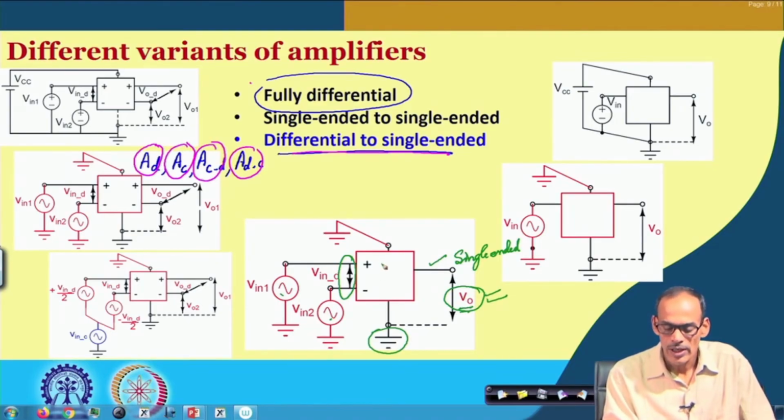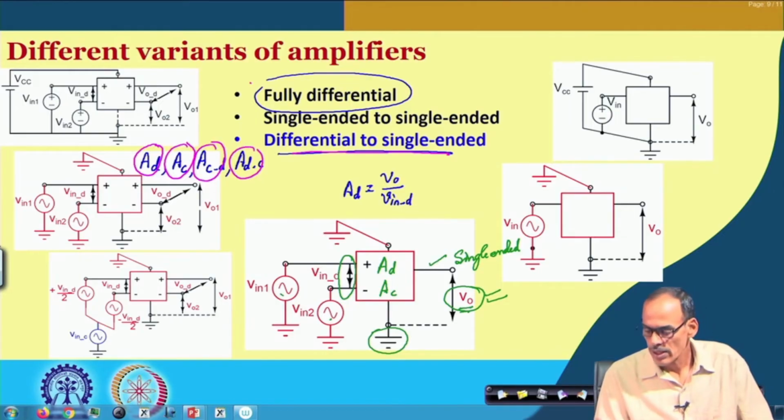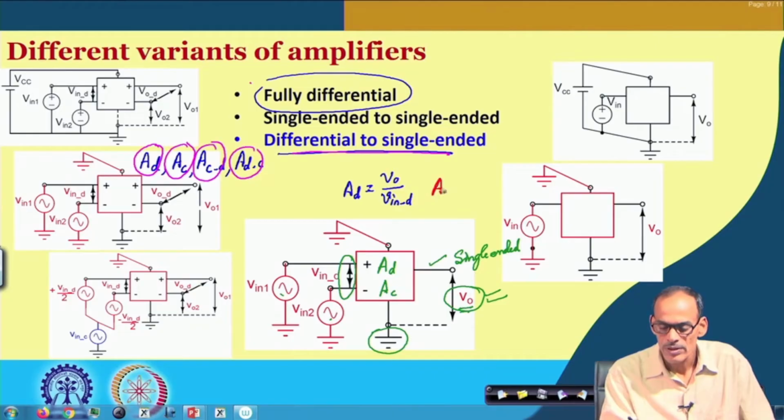So, it essentially has 2 parameters, AD and AC, and they are defined as: AD is Vo divided by Vin D, and the other one, the common mode gain, is Vo divided by Vin C.